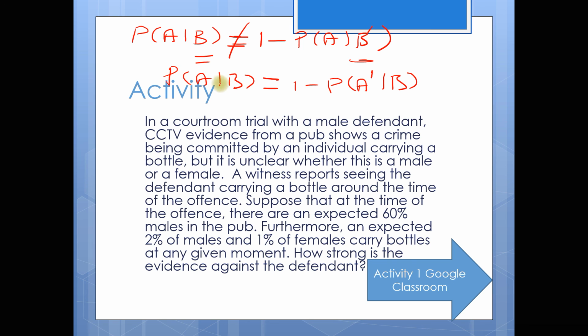Probability of A given B is equal to 1 minus probability of A dash given B because you are talking about the same sample space, so you have the right to subtract. This is not a problem. The other thing that I mentioned earlier: probability of A and B is equal to the probability of B and A. These are the same thing.